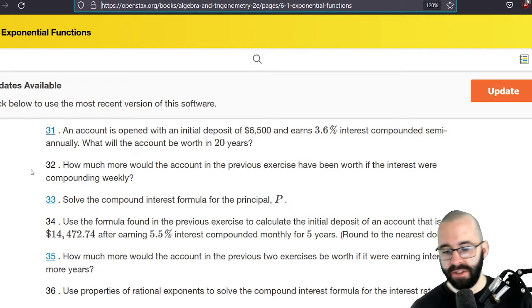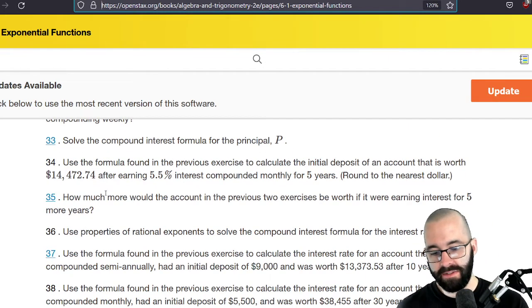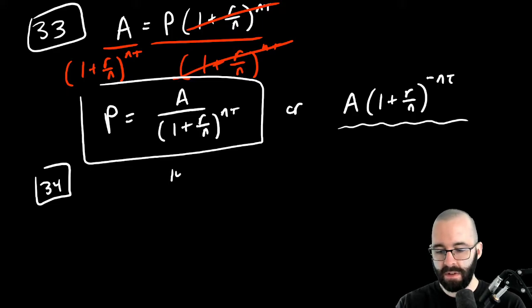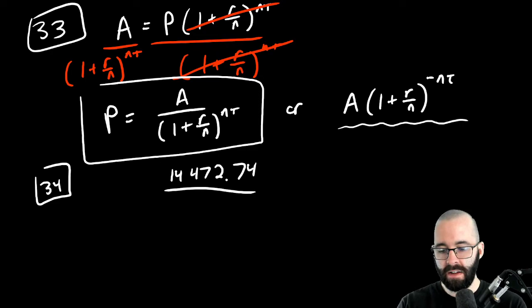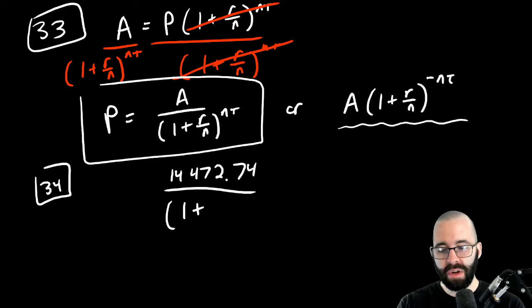And 34 says, use the formula in the previous exercise to calculate the initial deposit, find P, for an account with A is 14,472.74. It's our A. Divided by 1 plus r. Our interest rate is 5.5%.